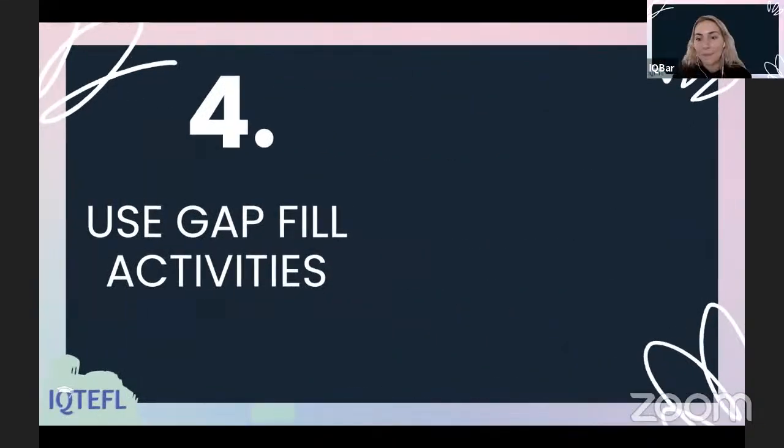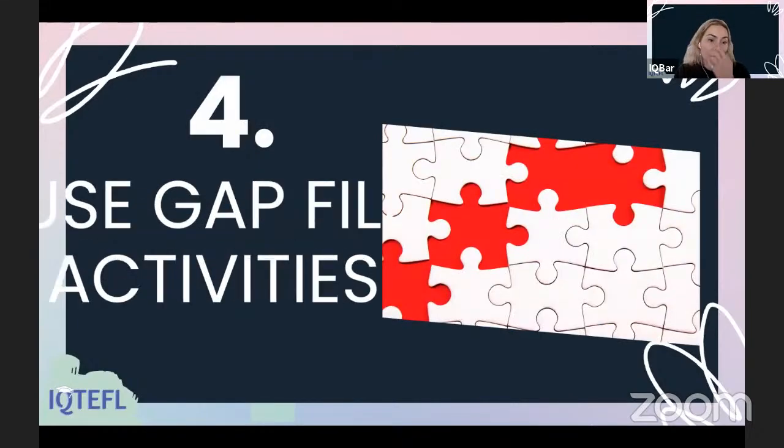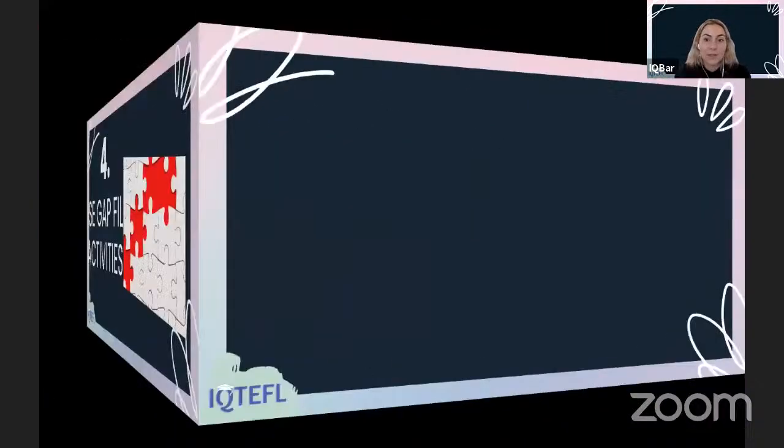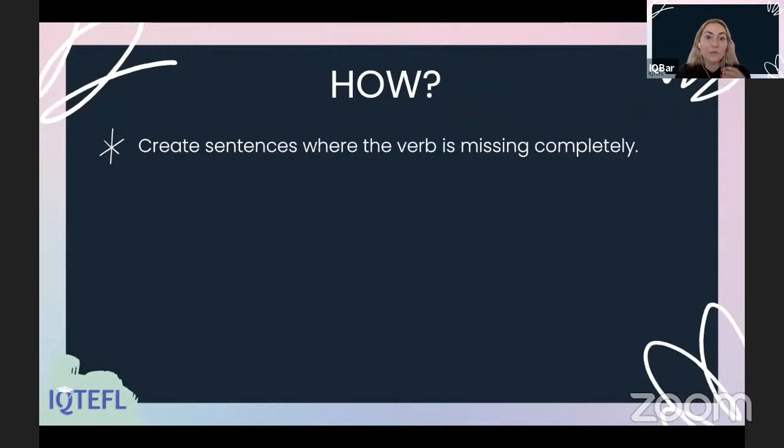Great. So now we will move on to the use of gapful activities when teaching passive voice. So let's just have a look at how we can do this. The first would be to create sentences where the verb is missing completely.